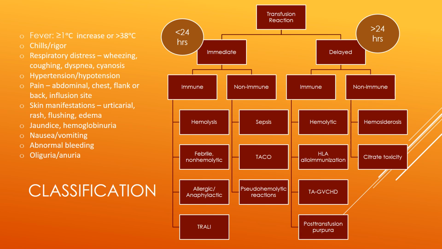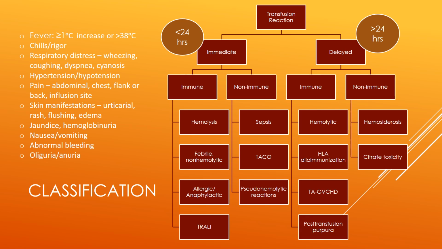Their blood pressure changes, and it can go in either direction, increase or decrease. Any kind of pain, in particular at the transfusion site or in the flank, the lower back side, which is where your kidneys are located, is usually associated with that.